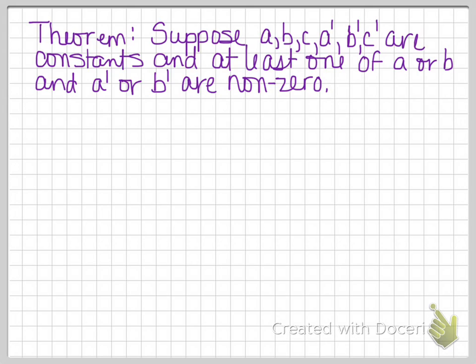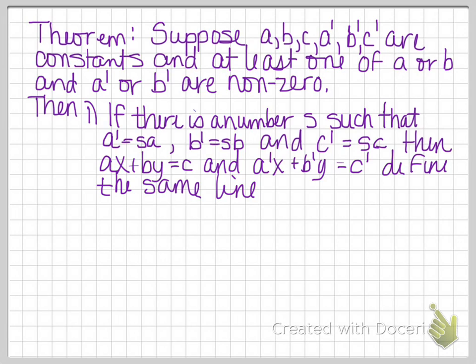Okay, so we have a theorem, and the theorem says suppose you have these constants a, b, c, a prime, b prime, c prime, and at least one of a or b and a prime or b prime are non-zero. If you have that situation, then two things are true actually.